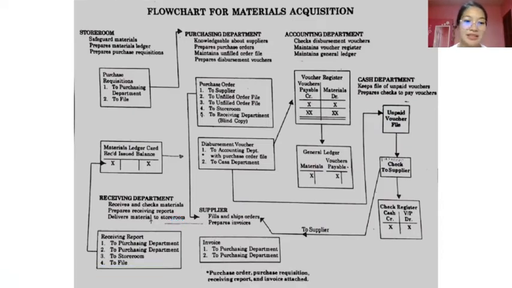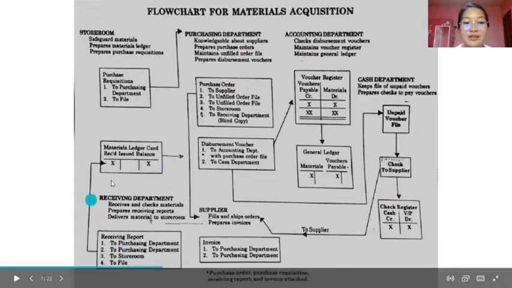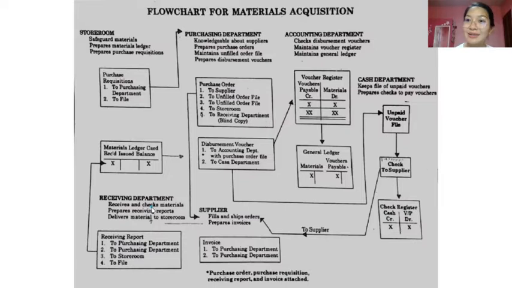So they check the materials and then they prepare a receiving report. Then the materials, the cartons that were purchased, are given to the storeroom. Okay, these are the cartons you requested.